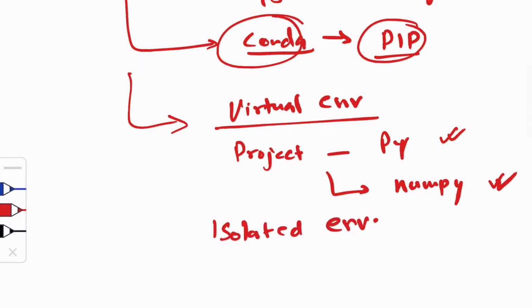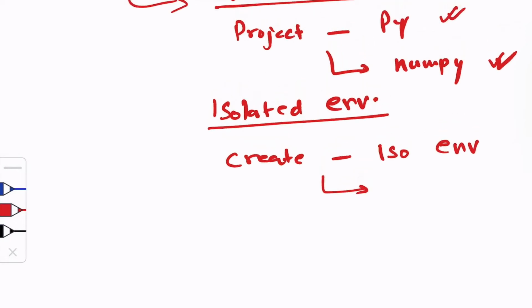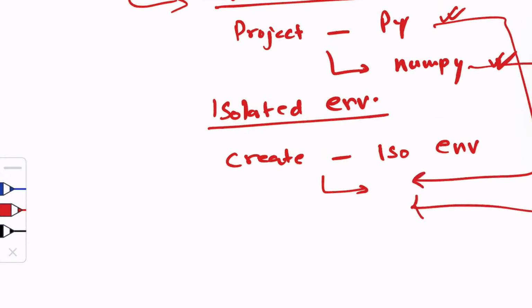With Conda, you can create that isolated environment, and after that you can download the right version of Python and the right version of Numpy, log into that particular environment, and develop and execute your project. It will all be isolated from your main or root Python.